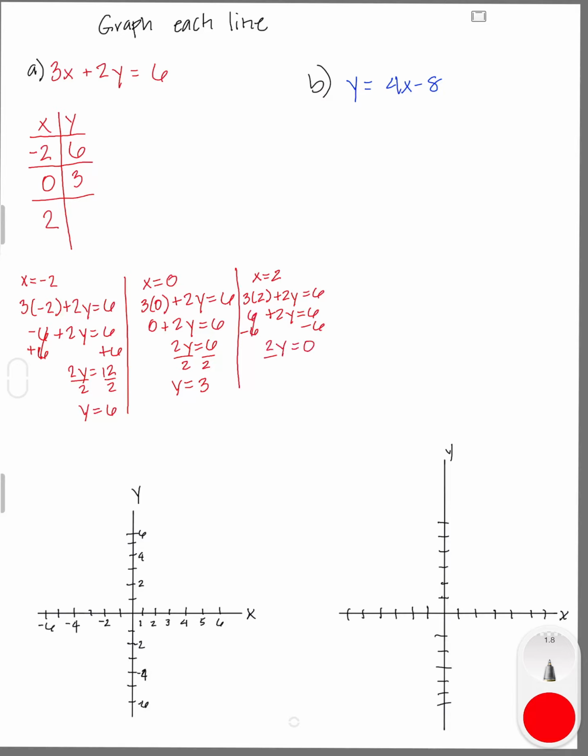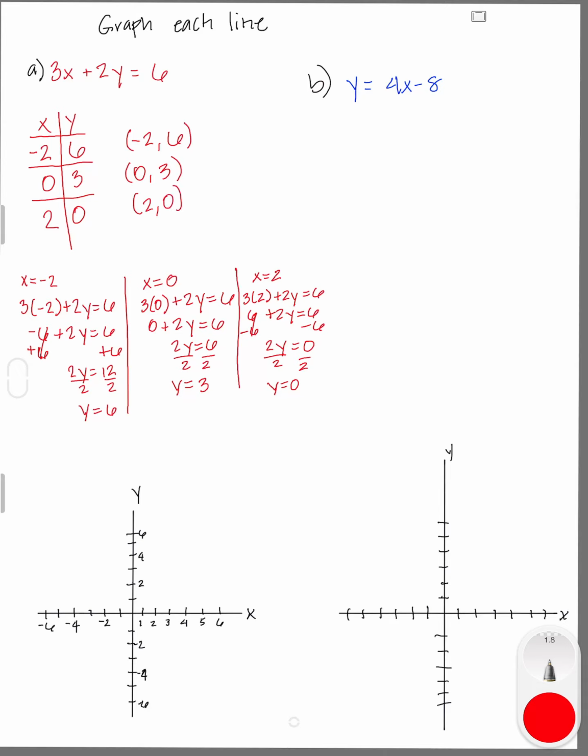This is going to be 0, so as we divide by 2, y equals 0. So the y value that corresponds to x equals 2 in the equation 3x plus 2y is 0. So we have our points: -2, 6; 0, 3; and 2, 0.